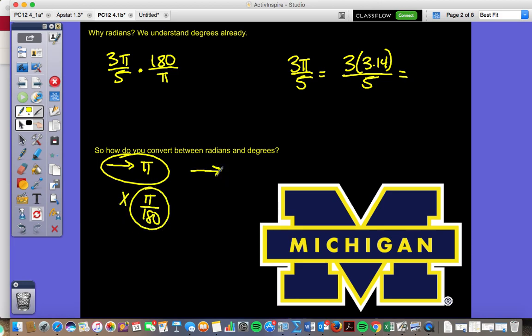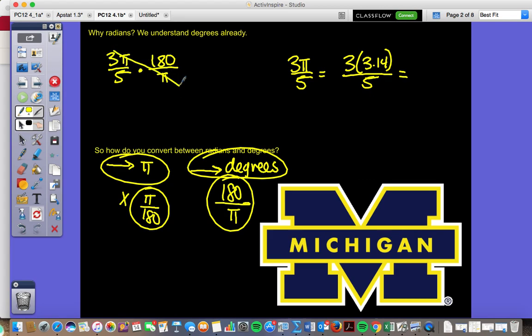If I go to degrees, what do I multiply by? There you are, 180 over pi. It's just the flipped version of it, okay? Flipped version of that. And that's how we would attack it, okay? What would cancel up here? Pi is good, and we multiply 3 times 180, divided by 5, and we'd be good to go, okay?